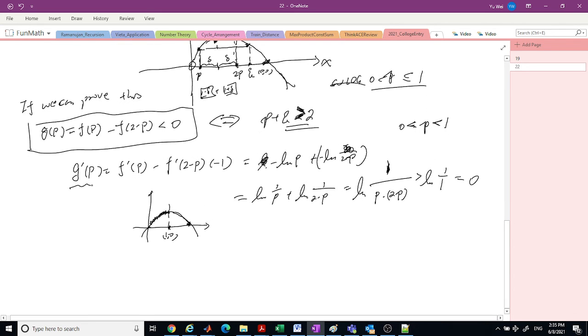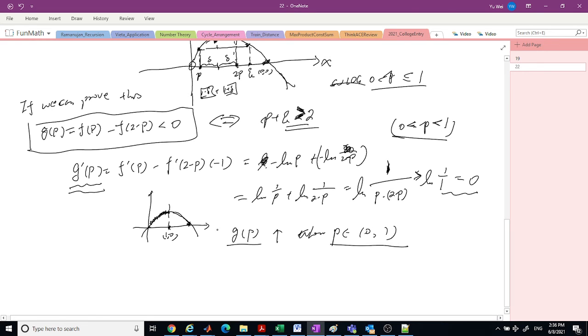So that means the derivative of g, g prime of p, should be greater than 0 for p between 0 and 1, which means g of p is increasing when p belongs to 0 and 1.